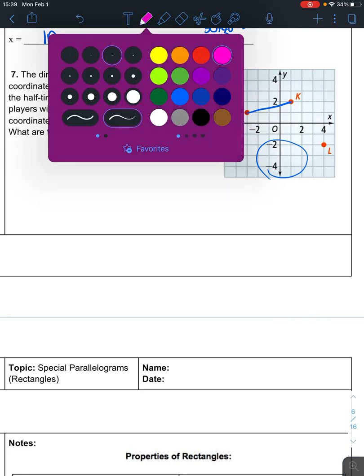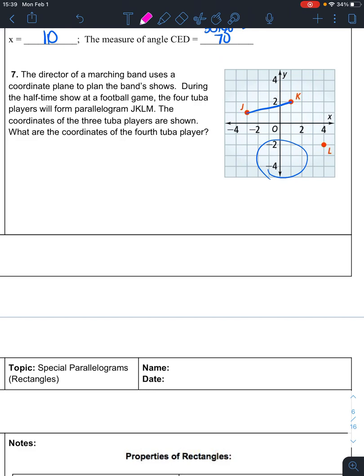We can kill two birds with one stone, so to speak, in that if you look at your slope, you go up 1, to the right 1, 2, 3, 4, up 1 over 4. If I mimic that from L, because that's going to be the side that's parallel, I can go down 1 and to the left 4, because I want to basically go backwards to where it was.